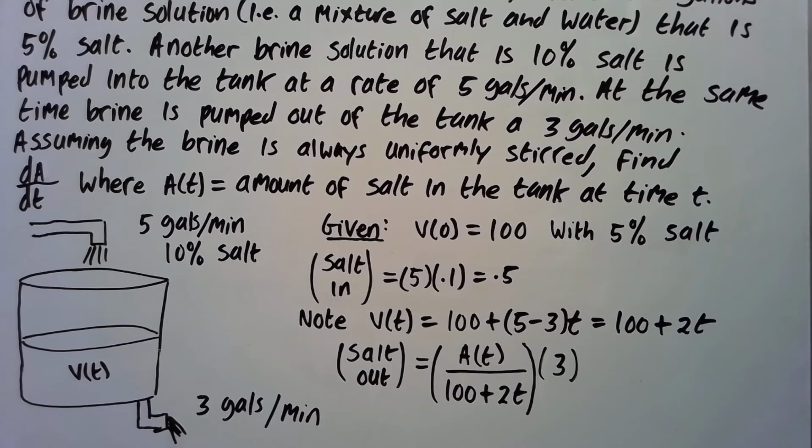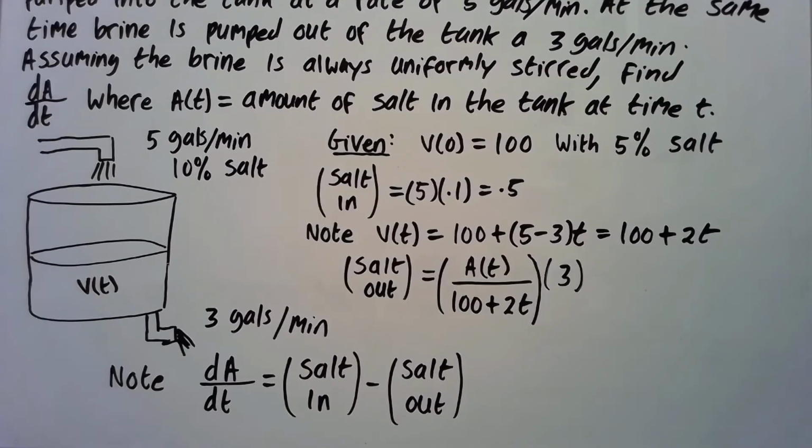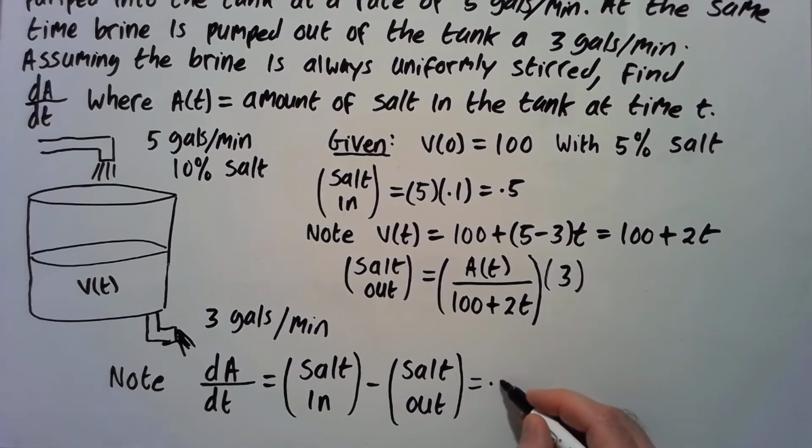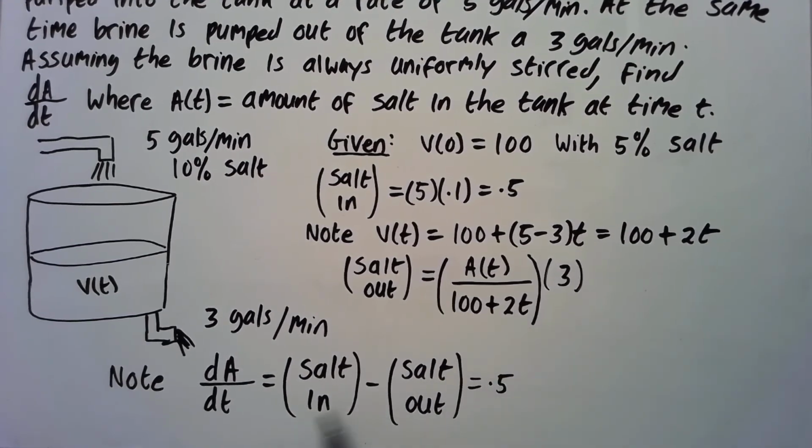Okay, so now we can write our formula for dA/dt. It's pretty much going to be salt in minus salt out. So let me write it here. Our dA/dt, the change in salt, will be salt in minus salt out. Salt in is 0.5. And then salt out is this here.